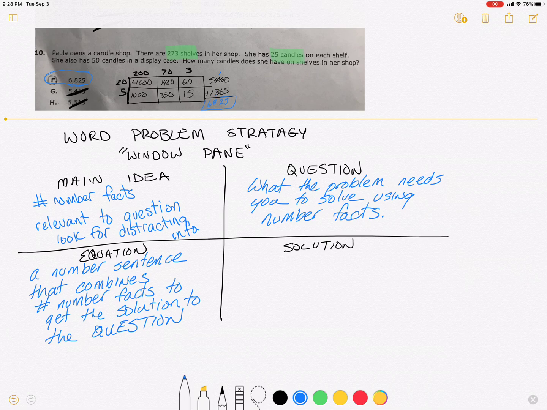And the solution is the answer. Success.